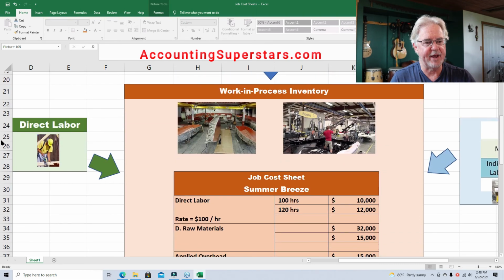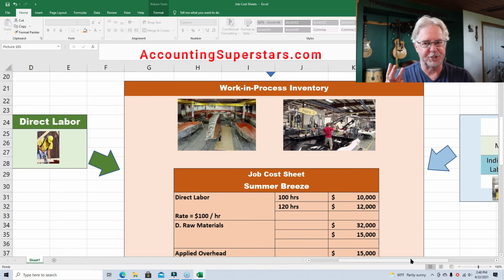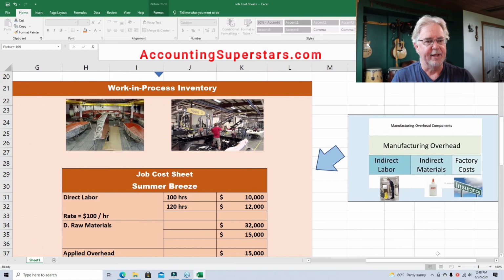And finally, we have to apply the third cost, which is overhead. And overhead consists of things like indirect labor. Here's a guy cleaning out the factory. He's a janitor. Indirect materials like glue and things that are not real expensive, things that are not worth tracking real closely. I mean, they're important. They are very, very important materials, but they're not worth tracking real closely. And then other factory costs like insurance, property tax, heating the building, and so on and so forth.